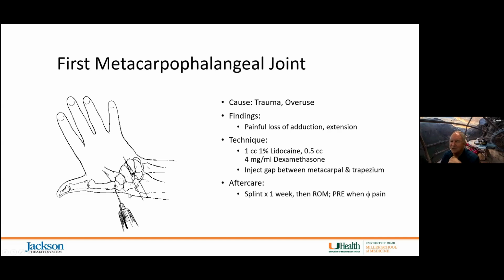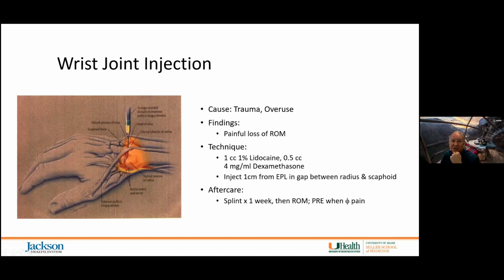This is another one of those injections where you get almost immediate relief, and the person is your best friend for life once you've done this, because this is a very painful process, this first MCP joint, but with the appropriate injection, you can get them back to functioning within a couple of weeks, basically back to normal if you do it appropriately. Wrist joint injection, again, if you're going to be working with these folks significantly, you're going to see this flare up intermittently. And so it's a very satisfying injection for both you as well as the patient as you put it through there.